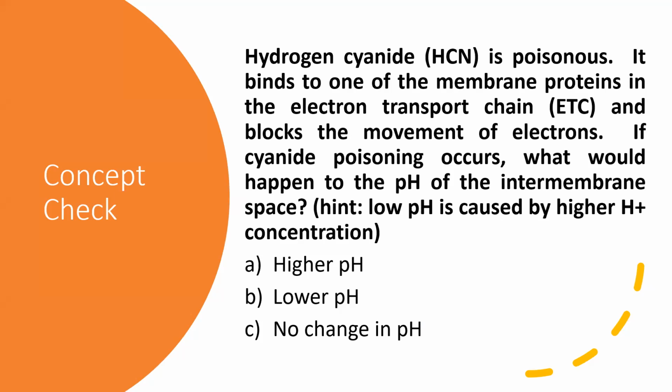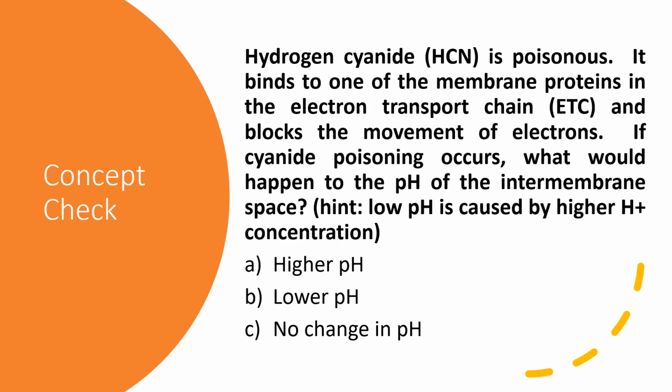All right, so let me just try to do this on the board. Hopefully you know by now that we have the mitochondria. These are the ETC, right? And normally we pump H+ here, right? That's what happens when there's no poisoning.